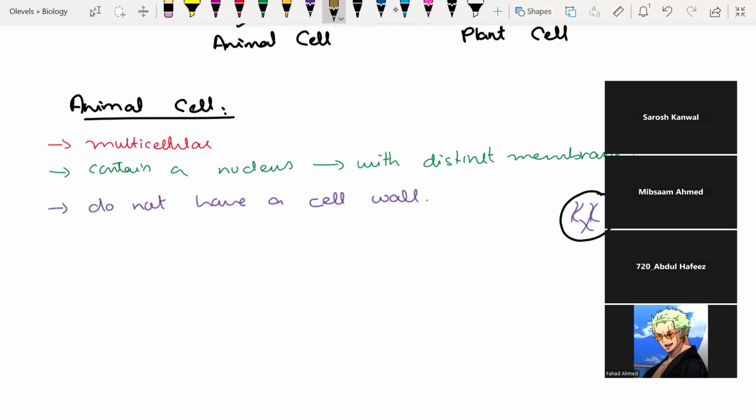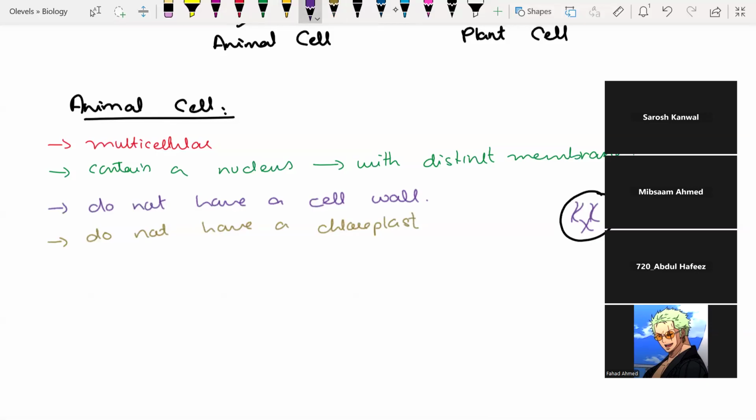Also, animal cells do not have chloroplasts. We know that chloroplast is important for photosynthesis. As animals do not have to perform photosynthesis, chloroplast is not needed inside the animal cell, right?